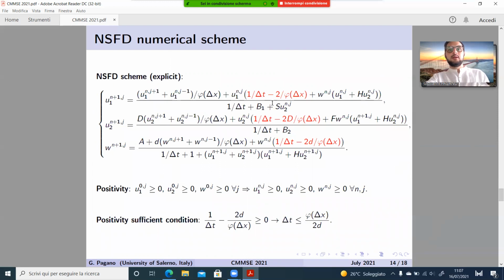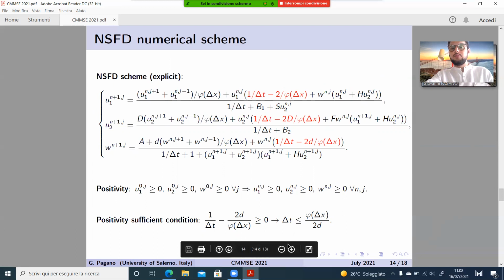Therefore, sufficient conditions to gain positivity for our solutions are these. These quantities in red must be positive, and these conditions can be summarized in this restriction on the step size in time.